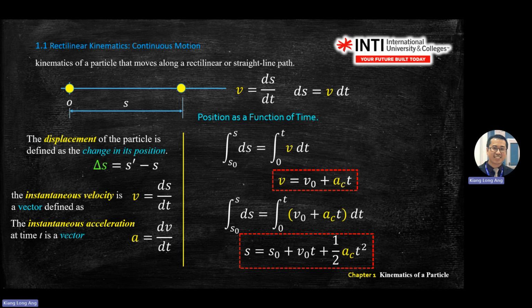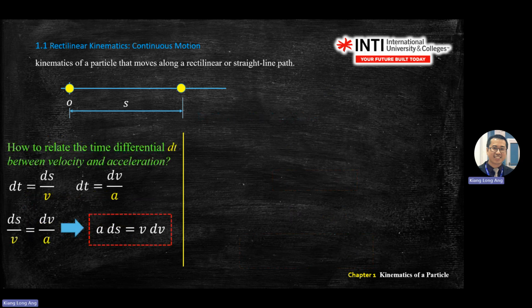Just now, we derived the equation a ds equals v dv. So what can we do with this one? We add in the integration sign to get the third equation of the Newton motion equations.